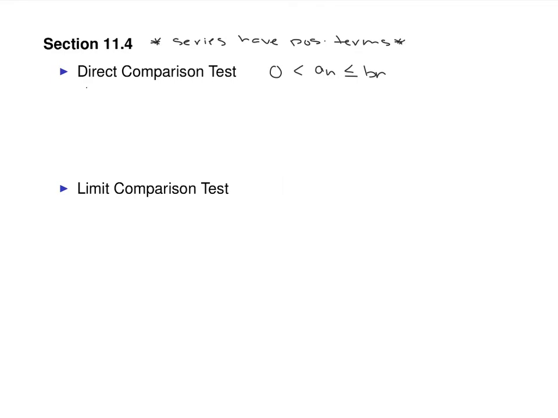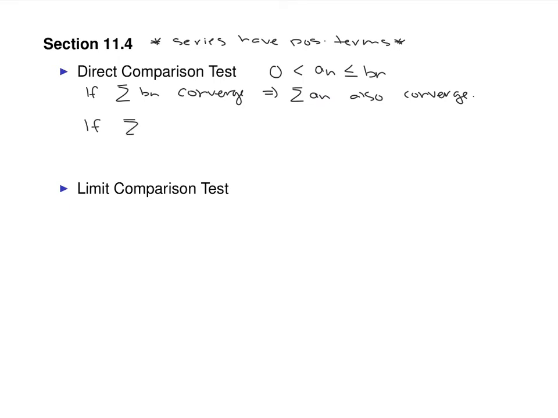Okay, so first thing, if you know that your larger series of b_n's converges, that implies that the sum of a_n's also converges. The bigger converges, so must the smaller.